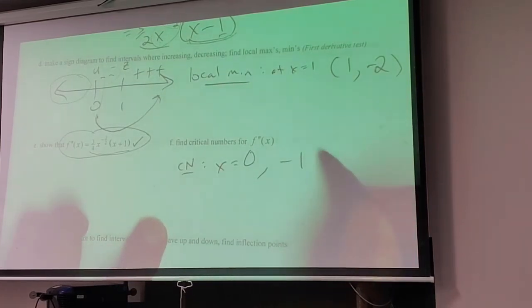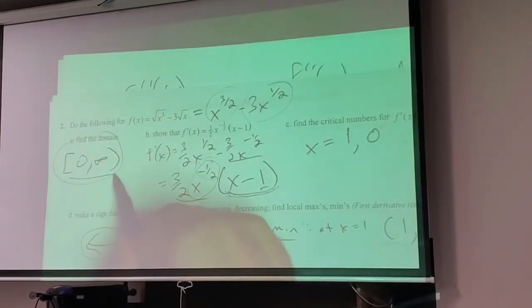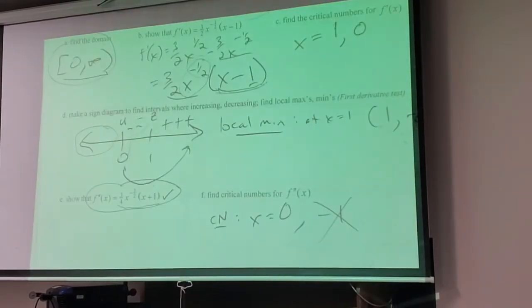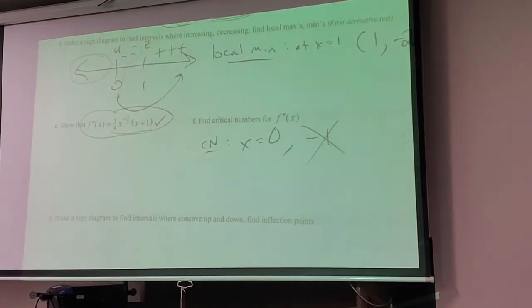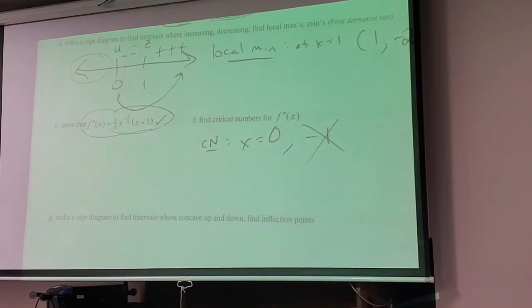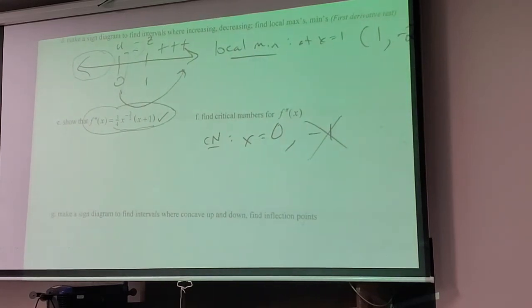Which one of these do I have to throw out? This guy, because it's not in the domain. I like it. Okay. So do you see how the domain kind of creeps into this whole thing? That's why it's the very first thing you do, and you keep looking back at it. Keep yourself straight so you don't invent critical points somewhere. Okay, I like it.